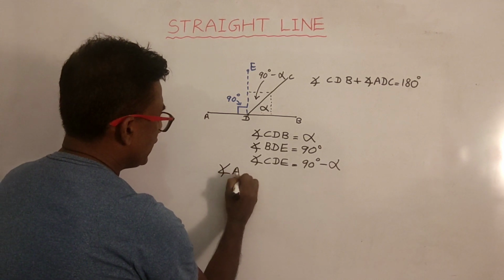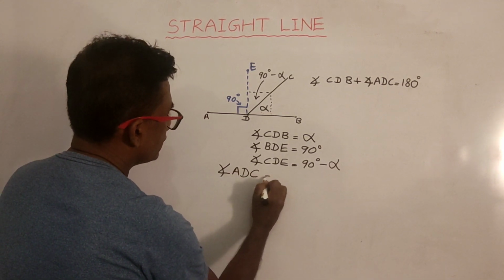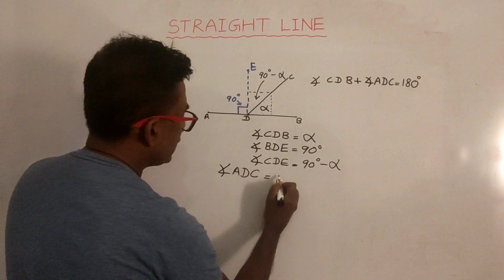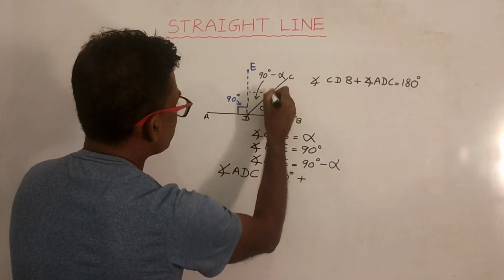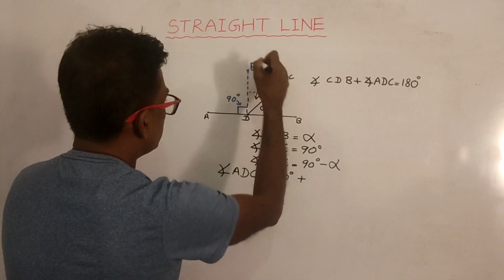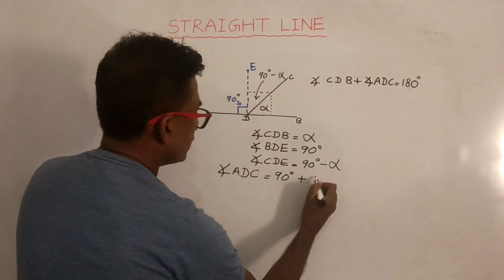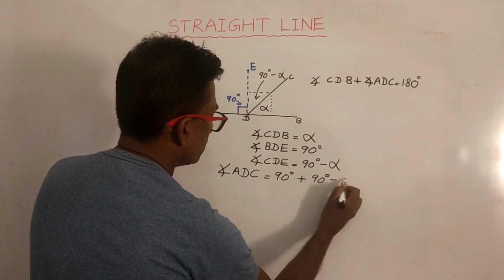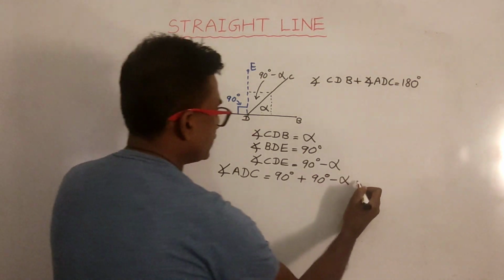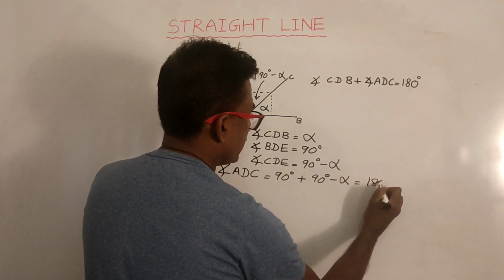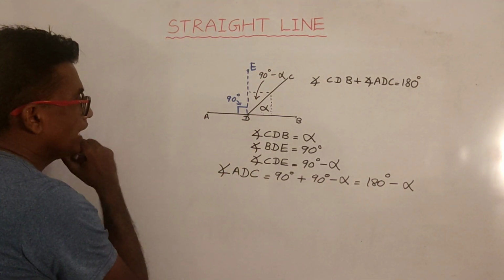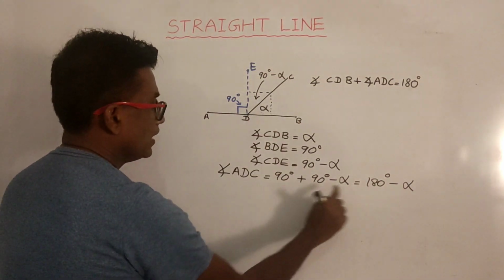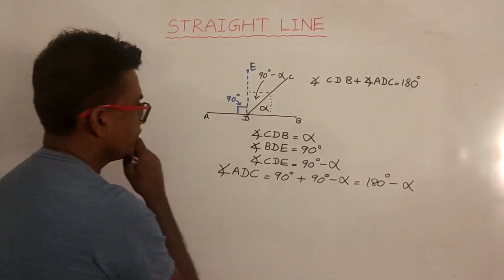Now what is angle ADC? Angle ADC is 90 degrees plus angle CDE, which is 90 degrees minus alpha, which is equal to 180 degrees minus alpha.